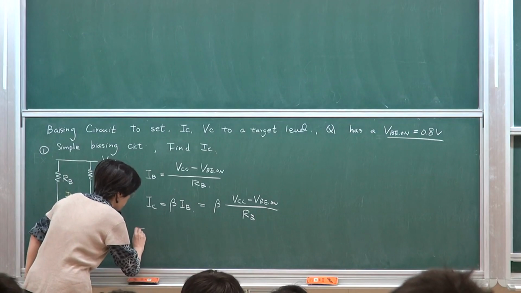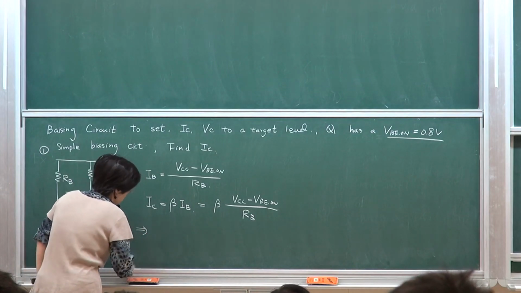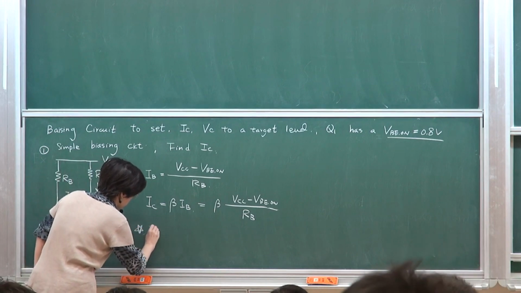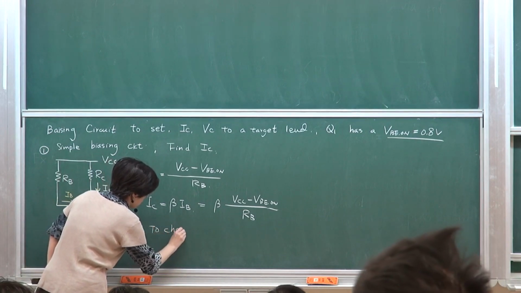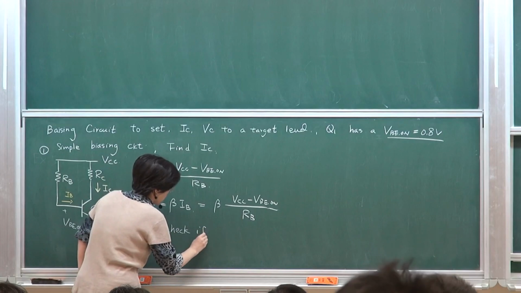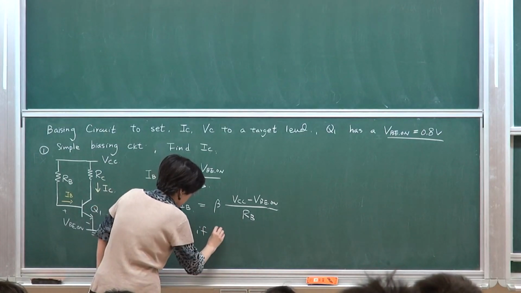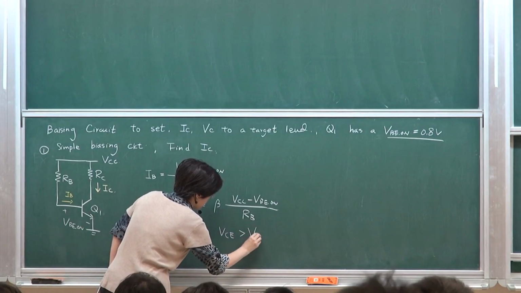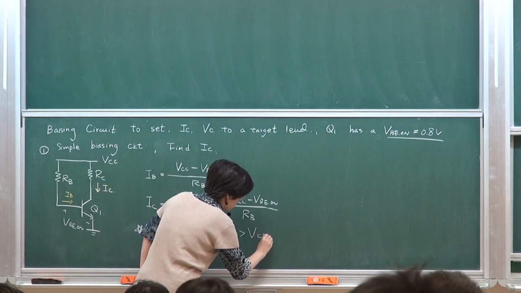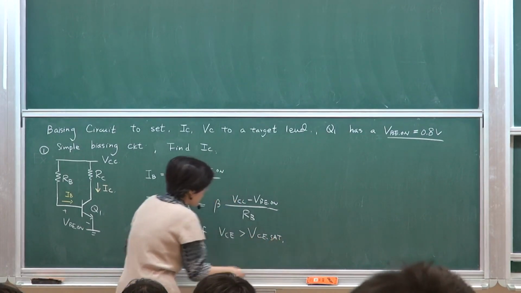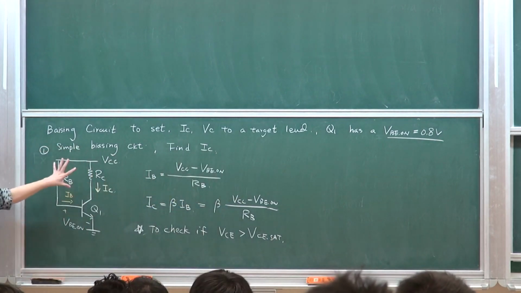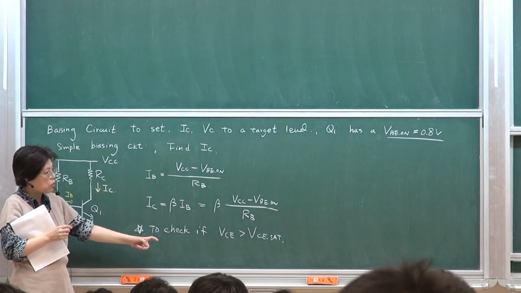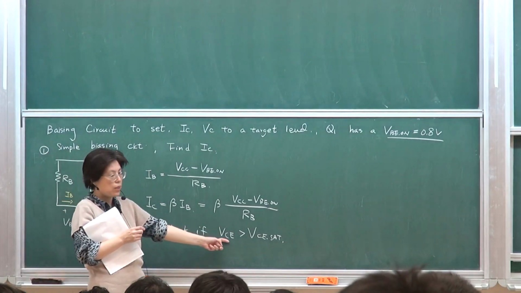The other thing to do to ensure this is correct is to check, at the end of this analysis, if I give you this question and give you all the parameters, when you find this out, you want to make sure to check whether this is larger than VCC.